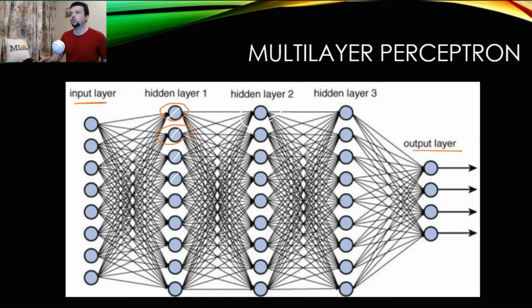So if you use a sigmoid, or let's not limit ourselves to sigmoid, shall we? So let's just say if we use a differentiable and non-linear activation function across the board, right?